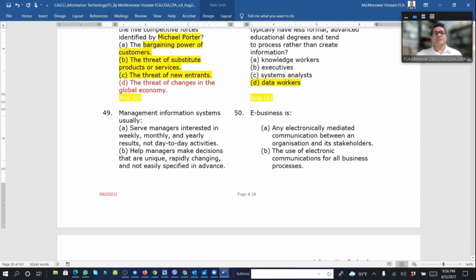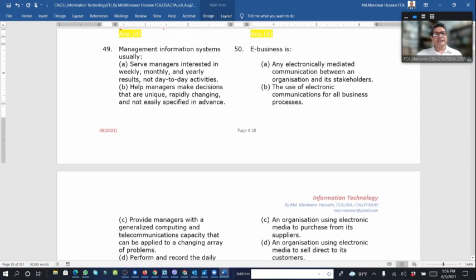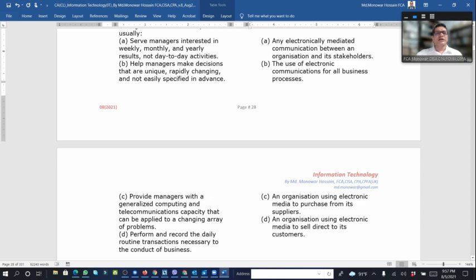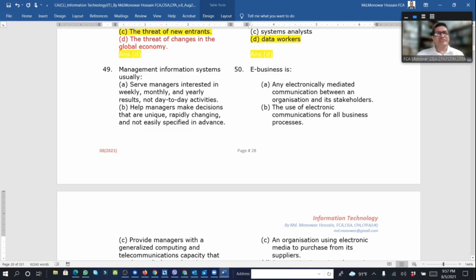Management information systems usually serve managers interested in weekly, monthly, and yearly results, not day-to-day activity.